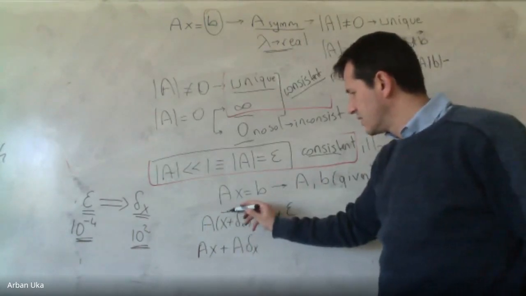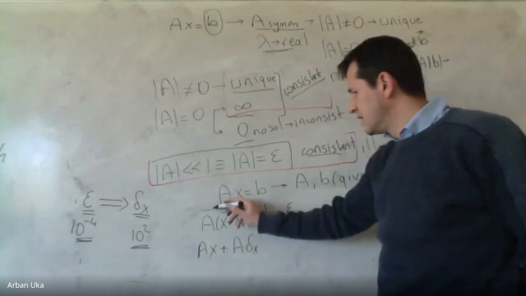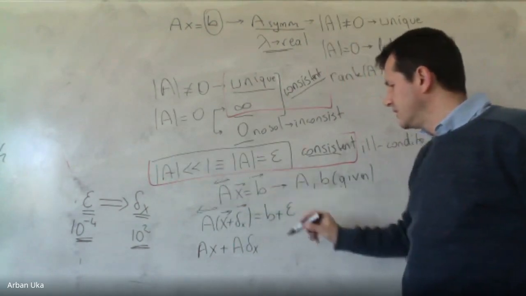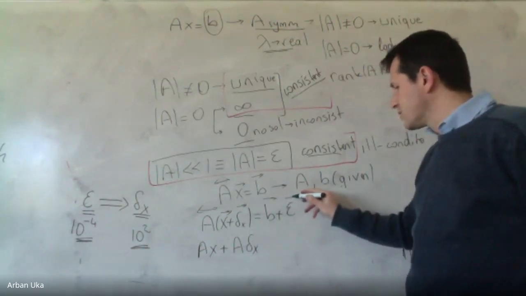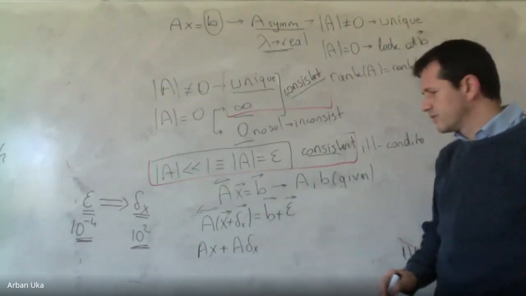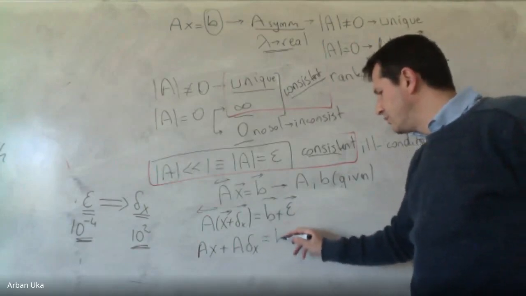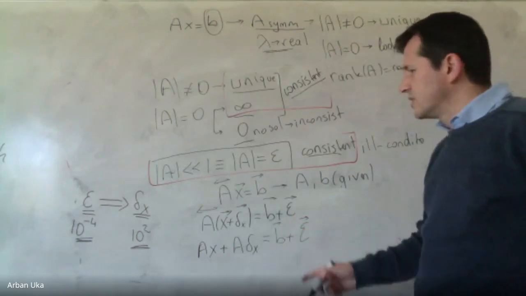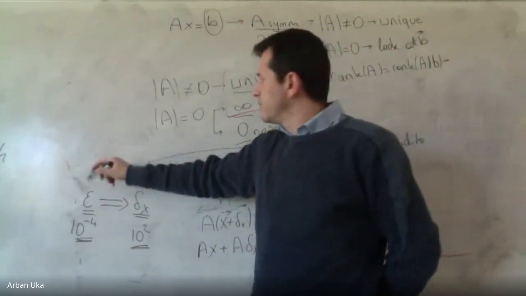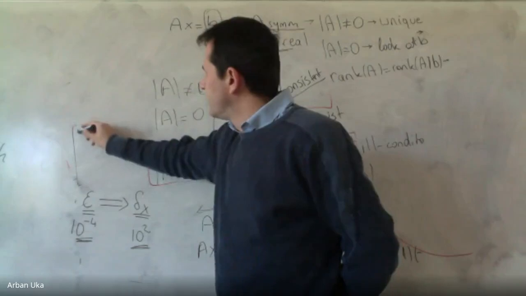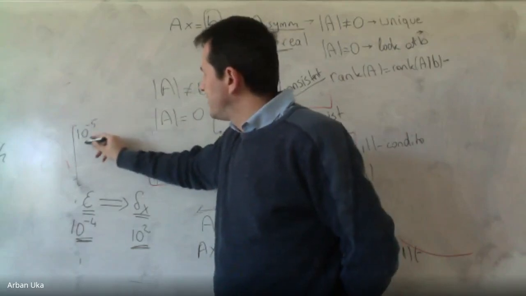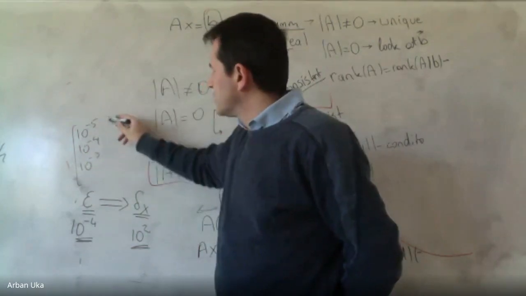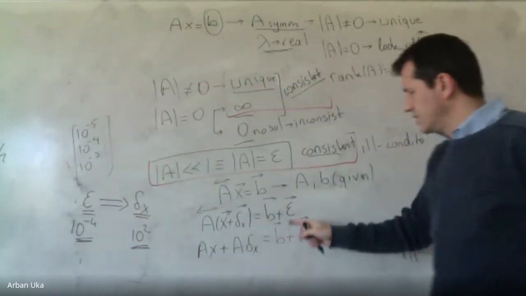Let's not forget, this is a matrix, this is a vector, and this is also the perturbation in the vector. And this would be equal to b plus this perturbation. The b can be changed by 10 to the power minus 5, 10 to the power minus 4, 10 to the power minus 3. So this is how much we might be changing these.